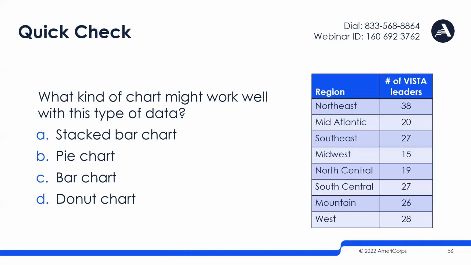Pick the best choice, click submit, and then we will see how you all did. Looks like not quite half of you have responded, so we're going to keep this open. We've got 4 options there. Would this make sense as a stacked bar chart, a pie chart, a bar chart, or a donut chart?